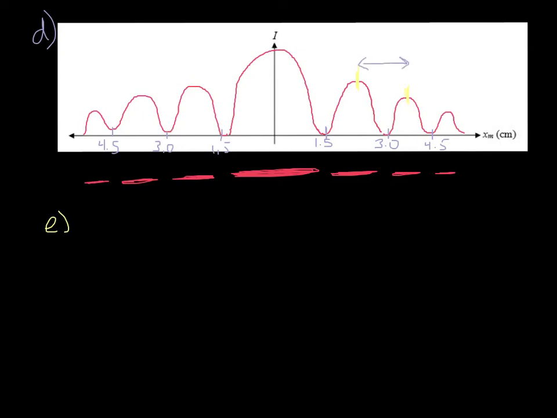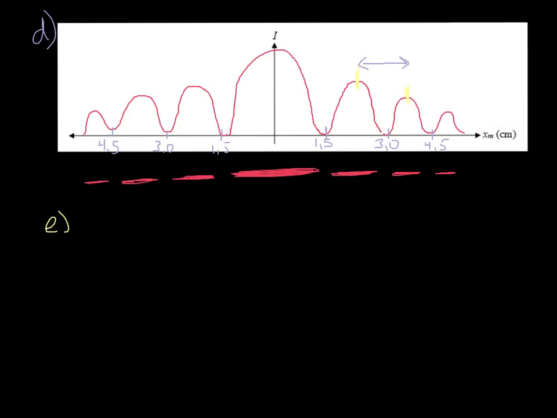So m equals 1 corresponds to this spot right here. M equals 2 corresponds to this dark spot right here. So this bright spot will be halfway between. So this is about 1.5, and then this right here is about 2.5. So the change from 1.5 to 2.5 is just 1.